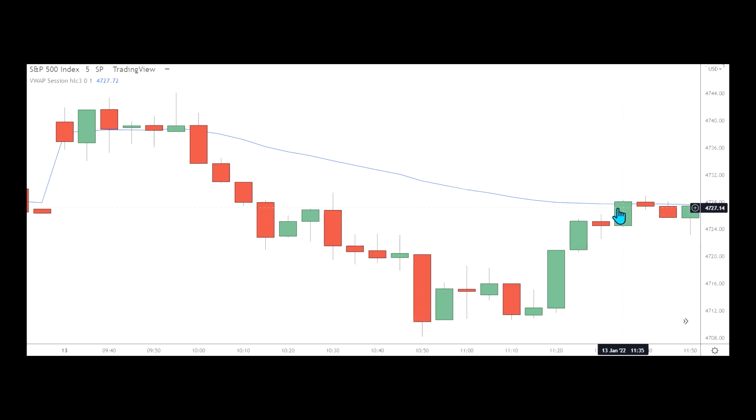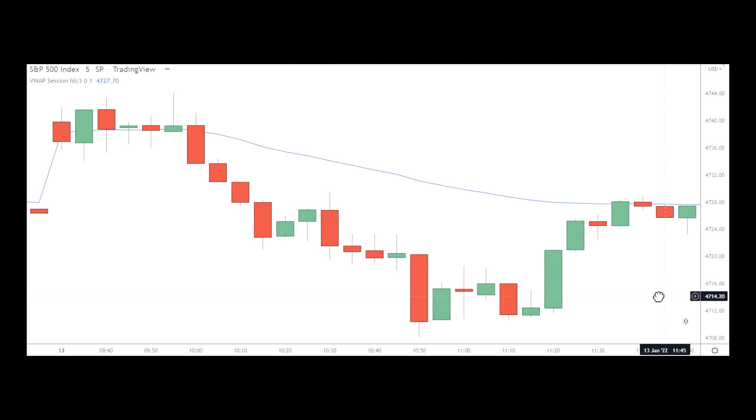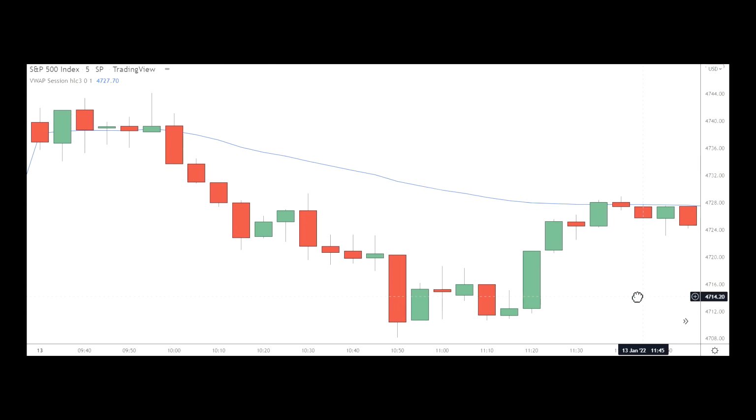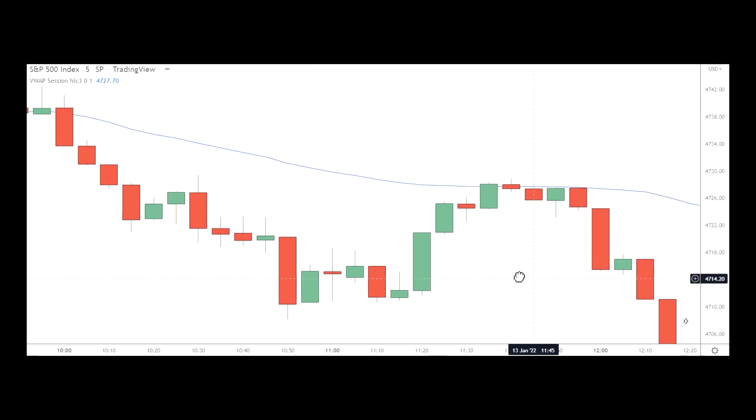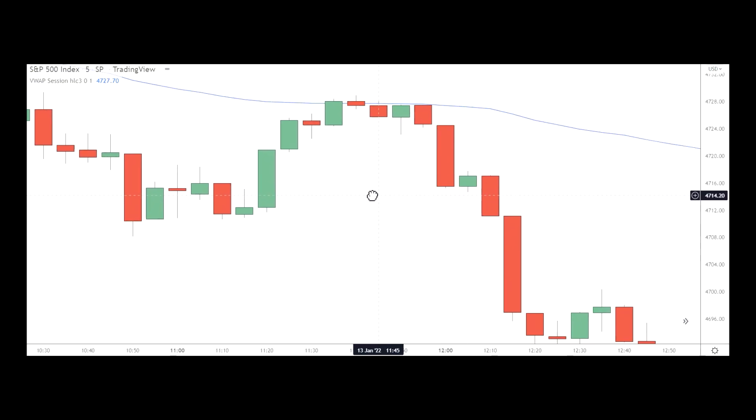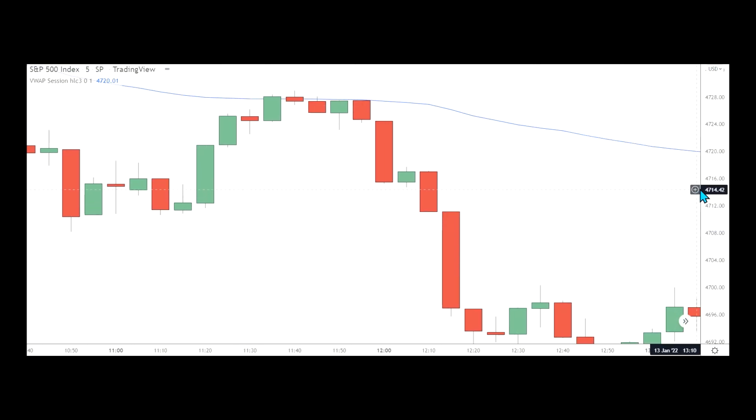Now the price hits up against the VWAP line. So again, one strategy is to look to take a short position against this because it's below the VWAP. And let's see what happens. There you go. You see a red candle. Bang. So there you go. You see this VWAP line actually worked to perfection.